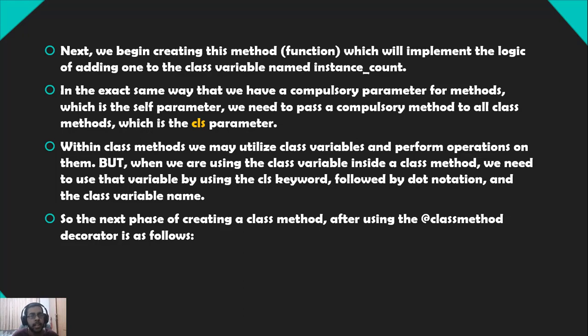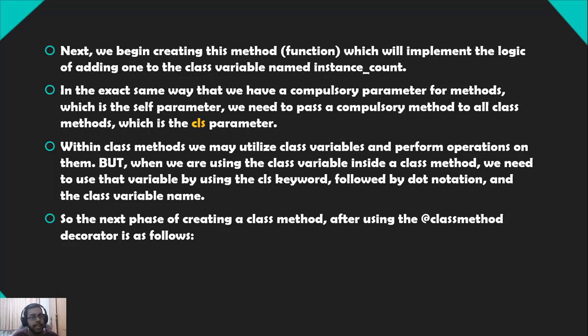In the exact same way that we have a compulsory parameter for methods, which is the self parameter, we need to pass in a compulsory parameter to all class methods, which is the cls parameter. Within class methods, we may utilize class variables and perform operations on them, but when we are using the class variable inside a class method, we need to use that variable by using the cls keyword, followed by dot notation and the class variable name.